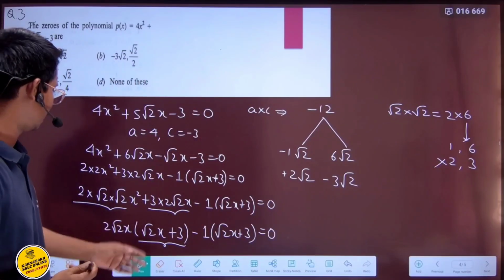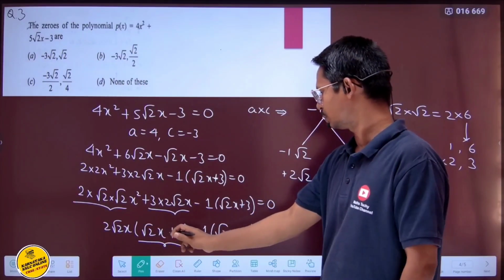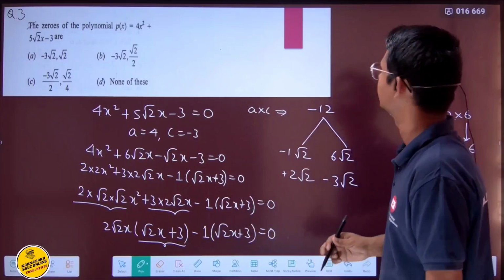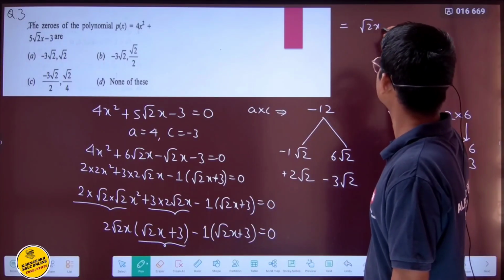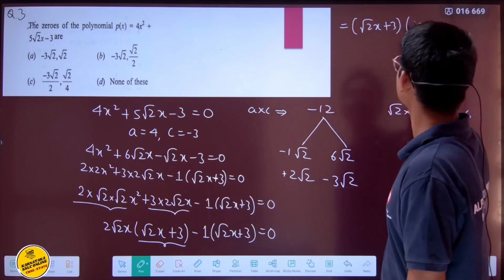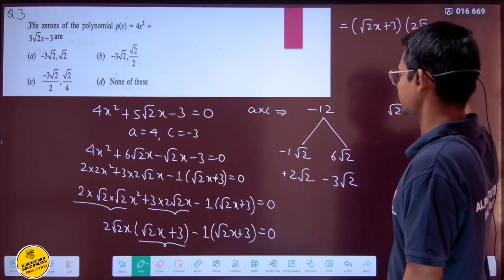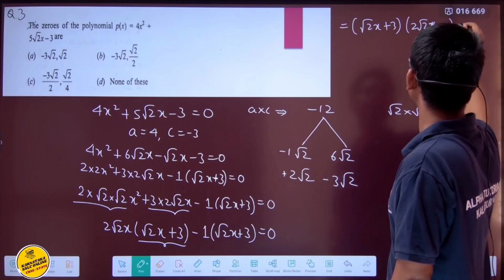Now we can again take root 2 x plus 3 common. So root 2 x plus 3 is one factor. The other factor is 2 root 2 x minus 1 equal to 0.